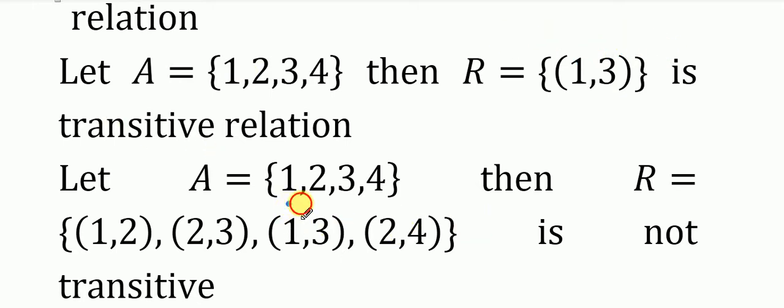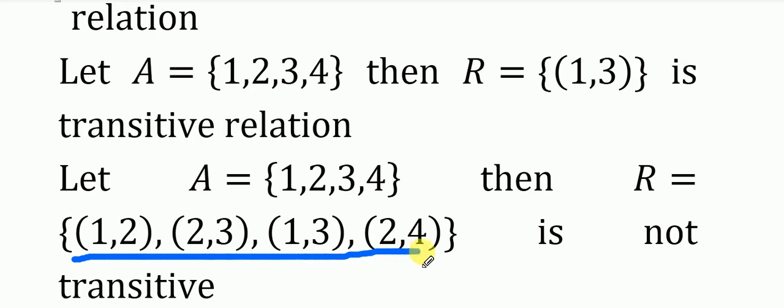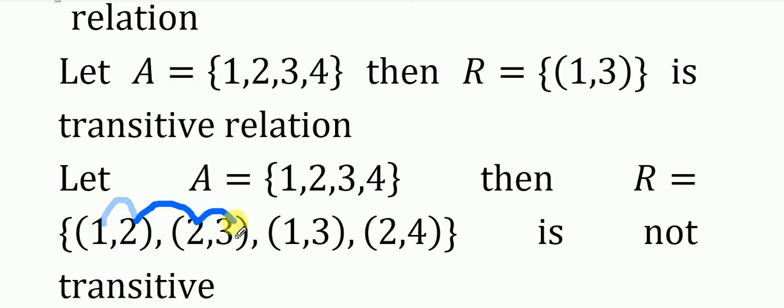So here I will consider the same set A equals {1, 2, 3, 4}, and I will consider R as {(1, 2), (2, 3), (1, 3), (2, 4)}. This is not transitive, because you can observe here 1 is related to 2 and 2 is related to 3 and 1 is related to 3. That is not enough to say that it is transitive.